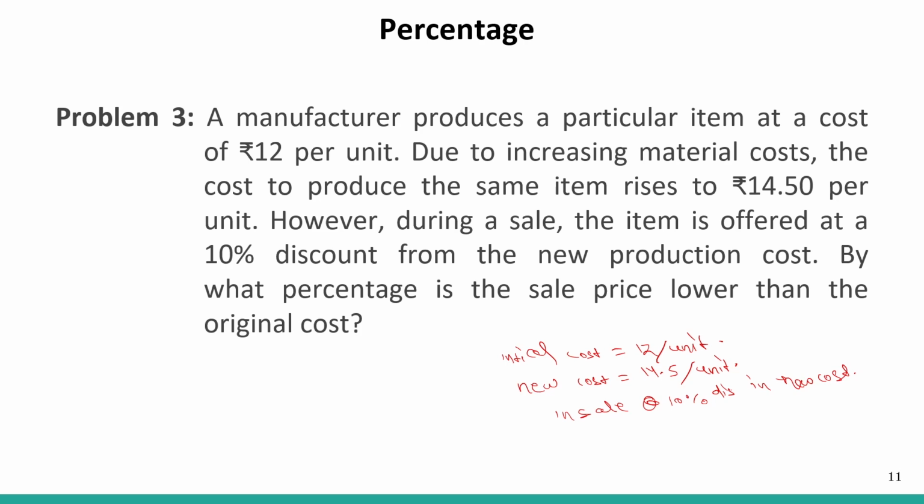So by what percentage is the sale price lower than the original cost? Let's see. The initial cost is 12 rupees per unit, and the new cost is 14.5.